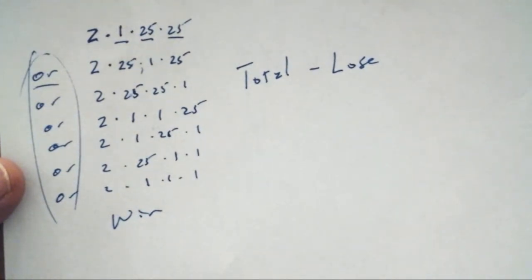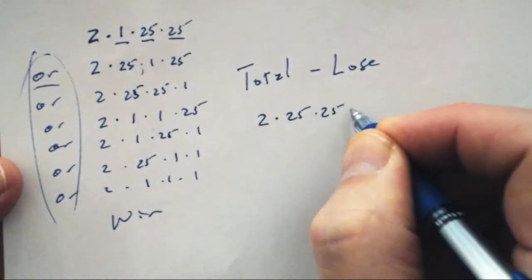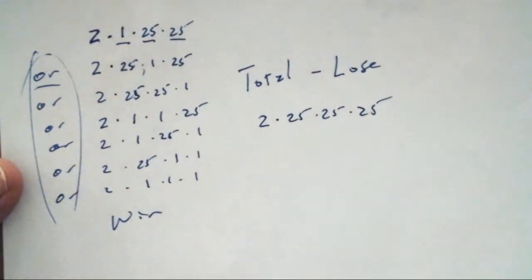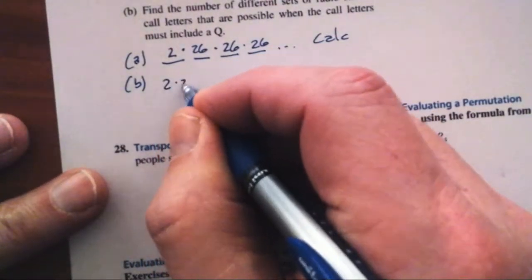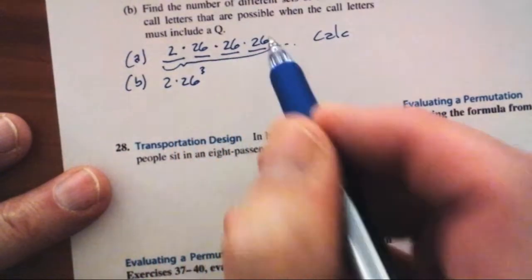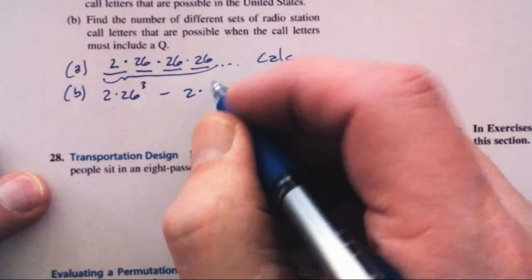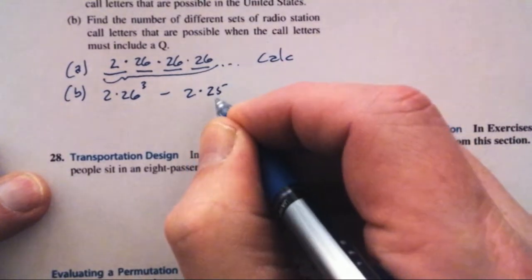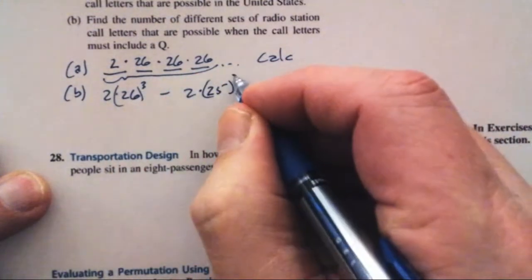If we don't have a Q. So that would be two choices times not a Q, not a Q, not a Q, all the other choices besides that. So the answer to B could be 2 times 26 to the third, the number of total possibilities, minus 2 times not a Q, not a Q, not a Q.